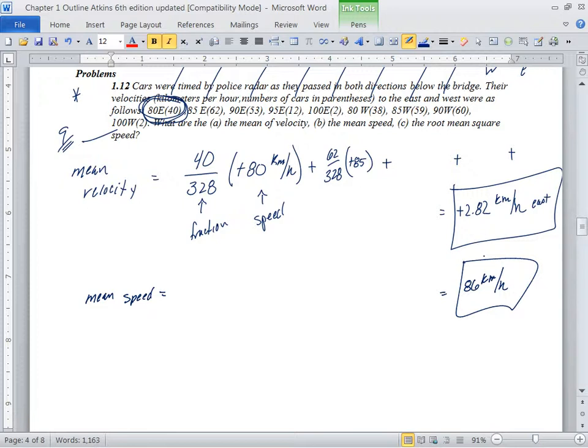The root mean square speed, I got 86.2. So those are the final answers.